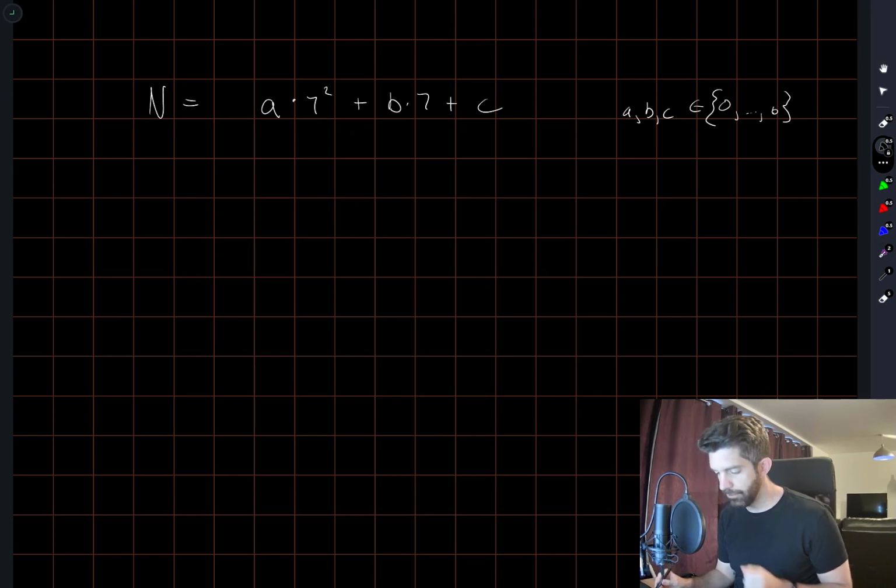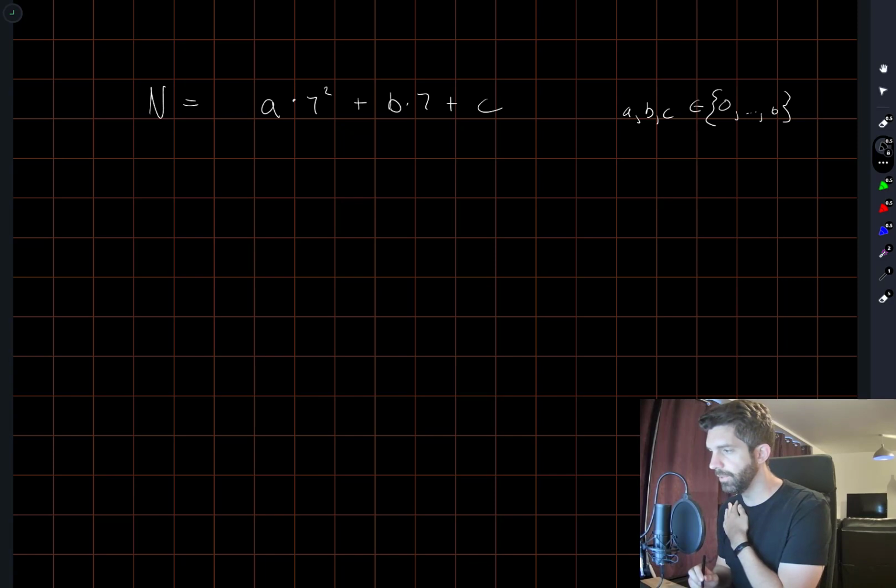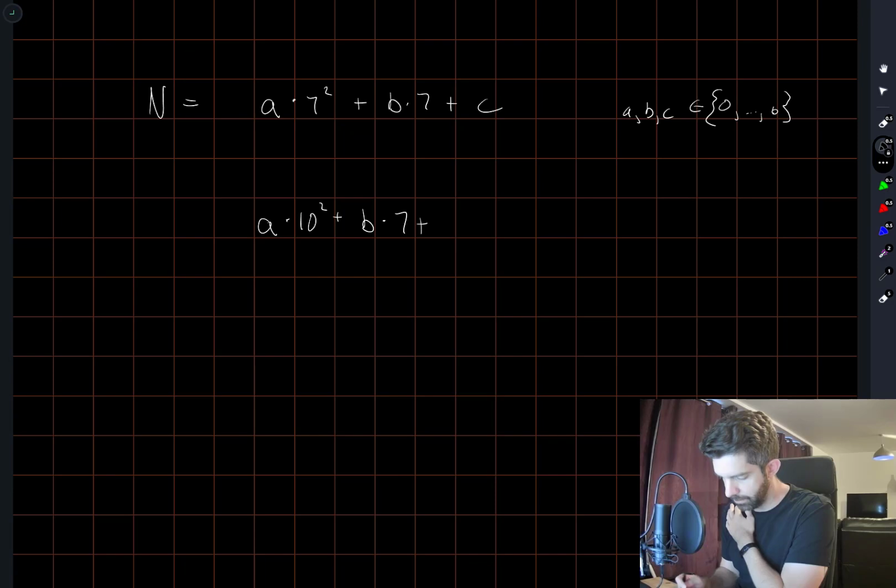Now what I need to do is take the base 7 representation and treat it as a base 10 representation. So A times 10 squared plus B times 10 plus C has to equal 2 times (A times 7 squared plus B times 7 plus C).